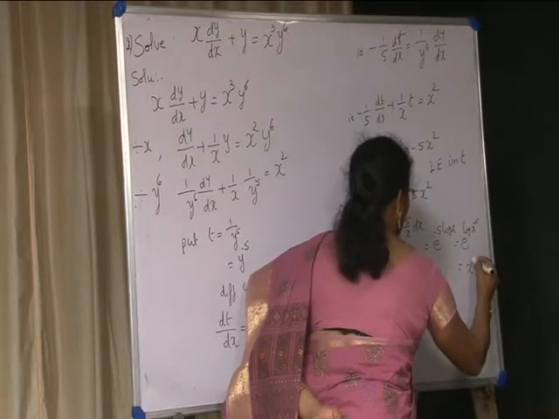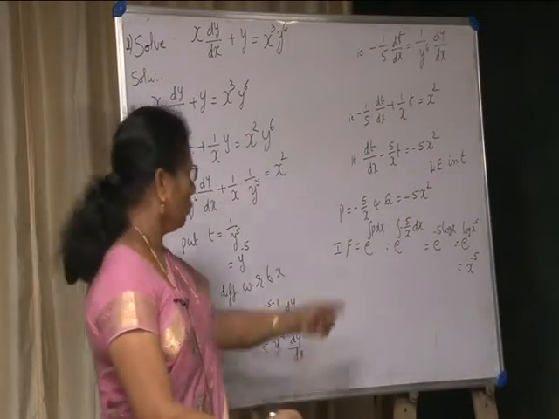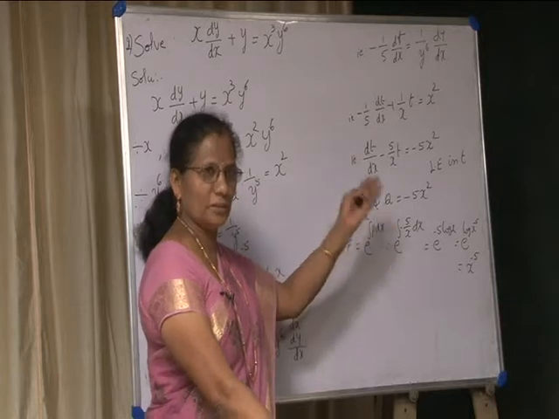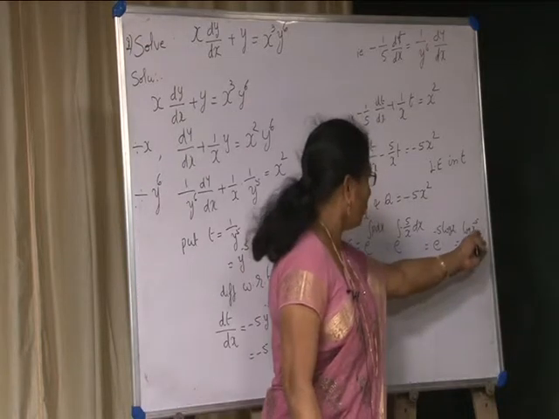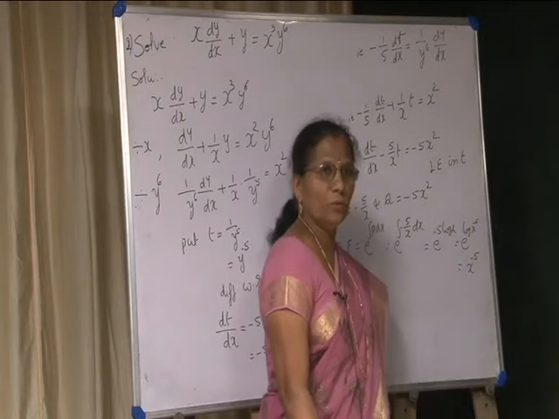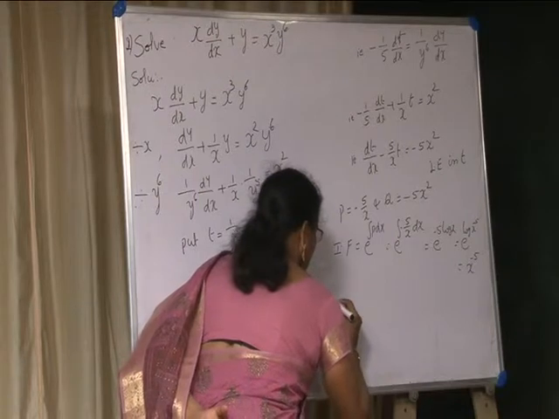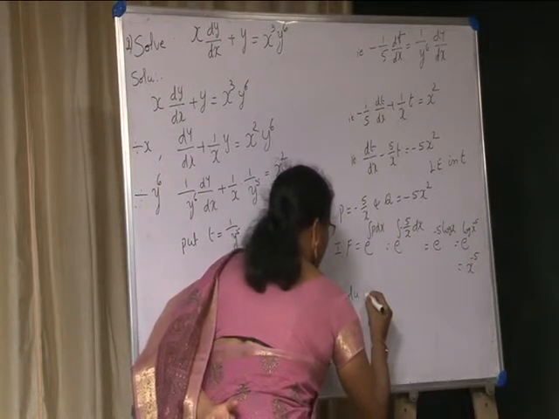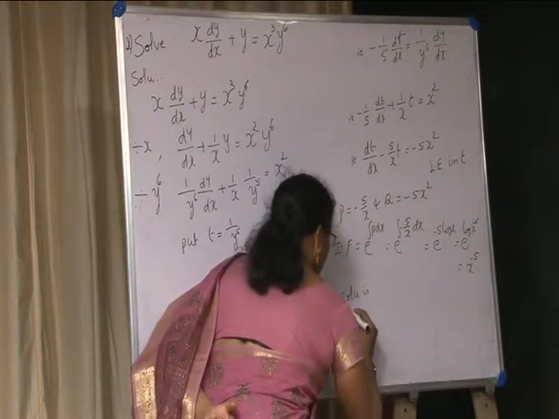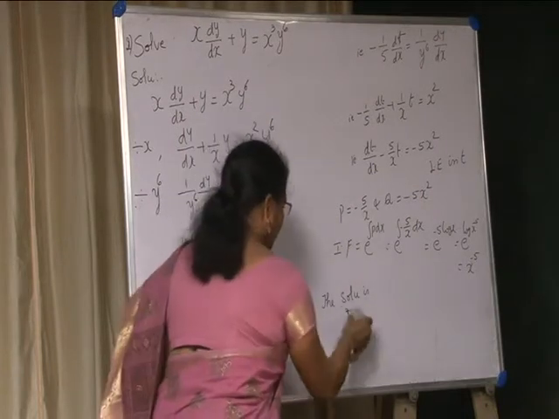This is equal to x to the power of minus 5. E to the power of log x is equal to x. Same way, e to the power of log of x to the power of minus 5 is equal to x to the power of minus 5. Therefore, the solution is t into integrating factor.